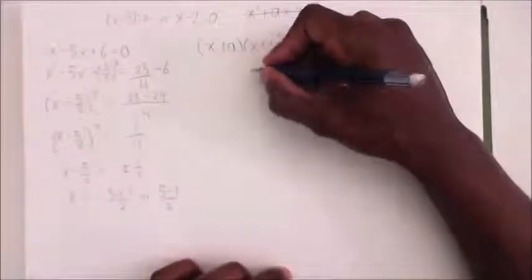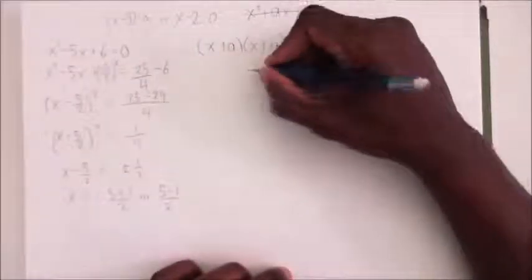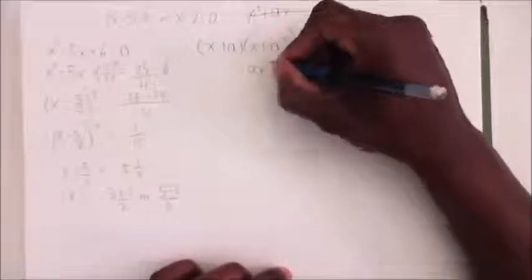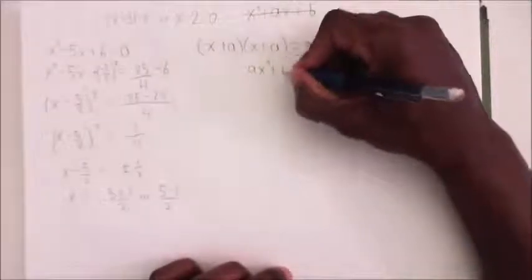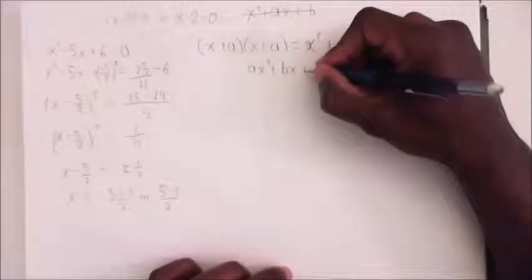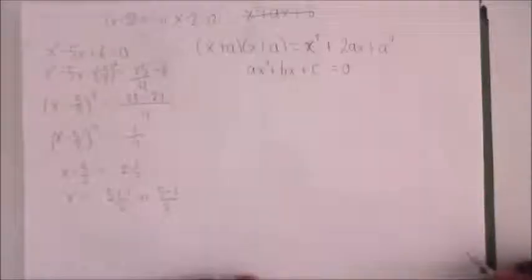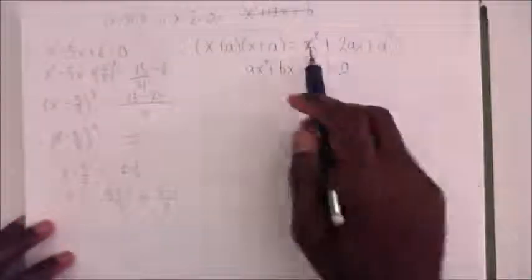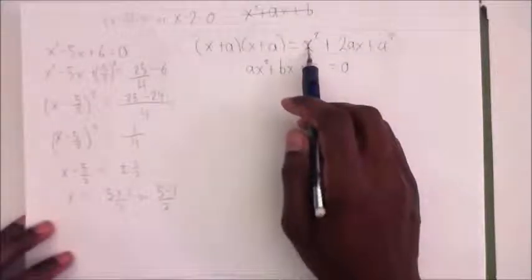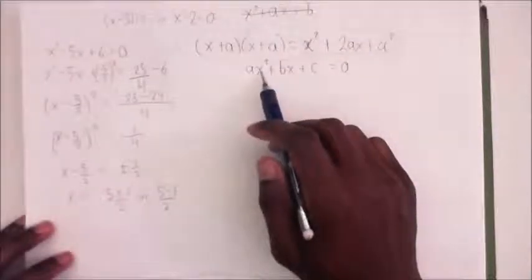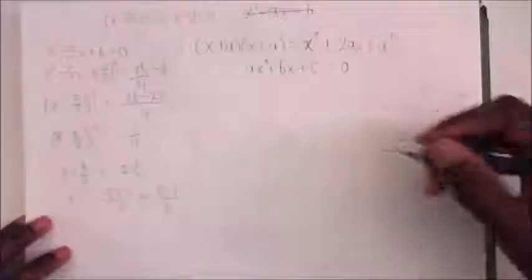So let's say we have ax squared plus bx plus c equals 0. Okay, so what I'm going to do, I'm going to try to put it in this format up here. So what I need to do, I need to get rid of the coefficient in front of that x squared there. So to do that, I'm going to divide by a.